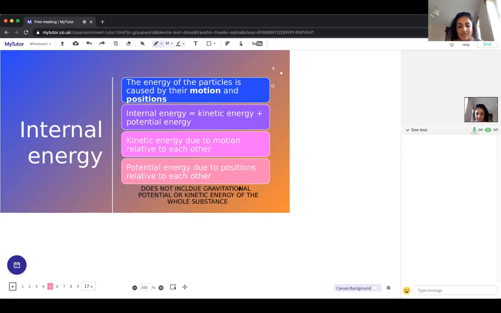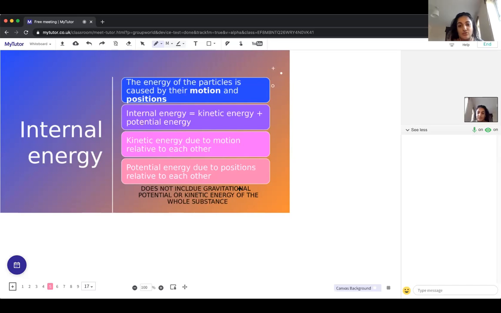Okay, so potential energy is all about this idea of particles having some sort of energy which is associated with their positions. So potential energy is this energy which comes from the positions of the molecules in relation to each other. So internal energy equals kinetic energy plus potential energy.